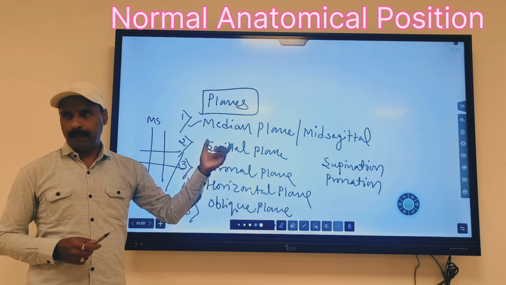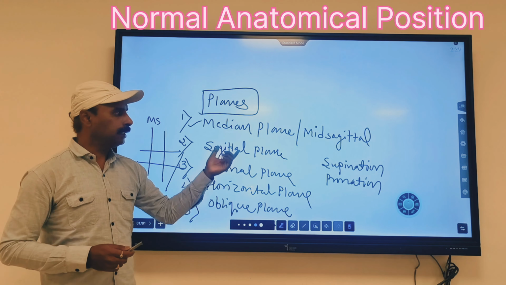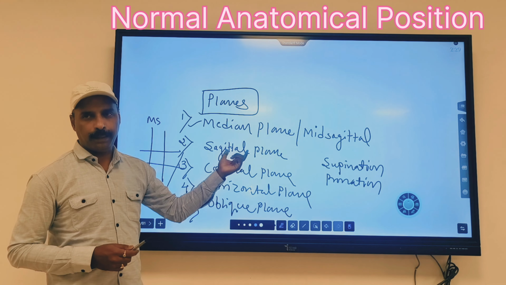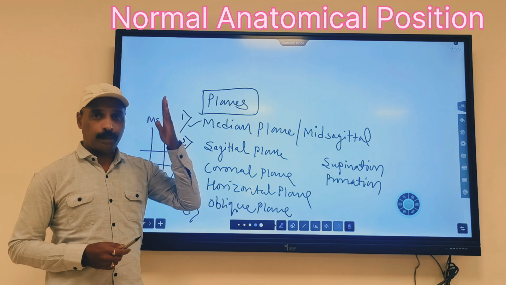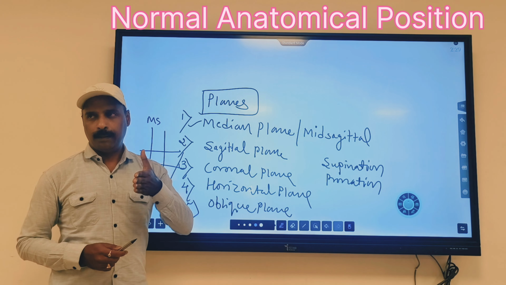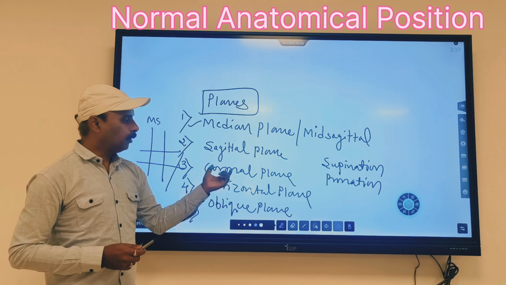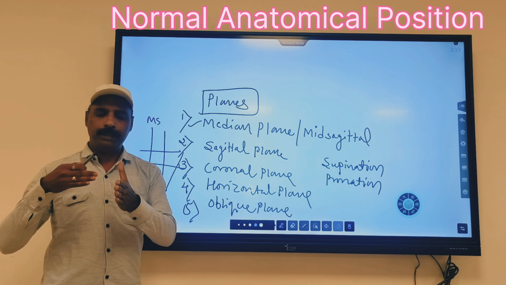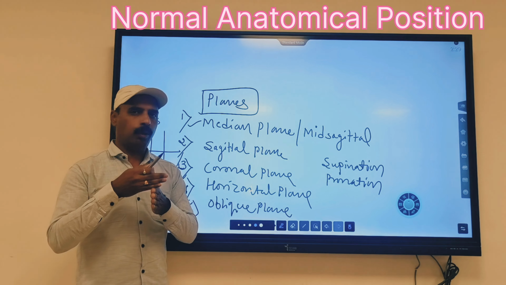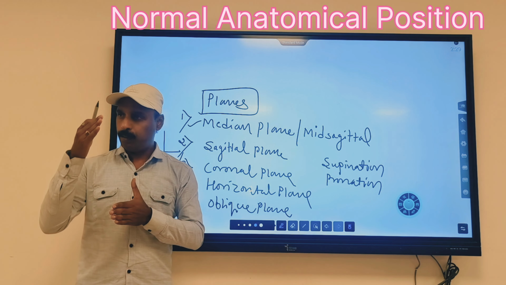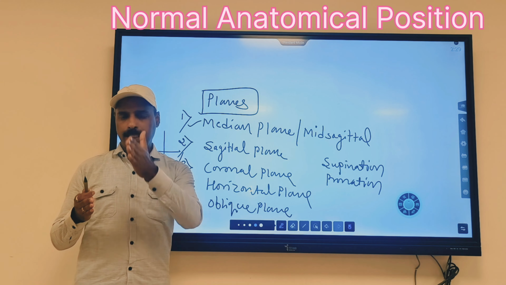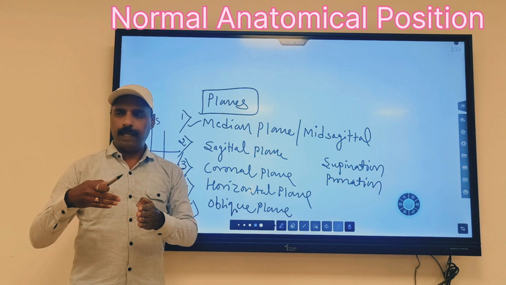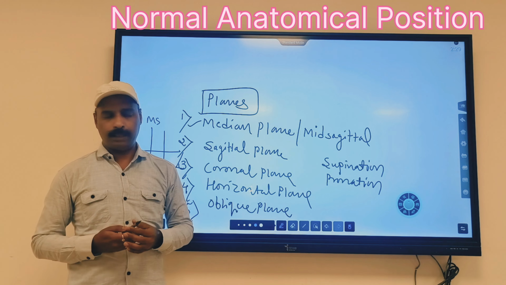Both are parallel, but one passes through the midline and the other is parallel to the median plane; both are vertical planes. The coronal plane is also vertical, at right angles to the sagittal. We take one section this way and the other making a right angle to it; that is a coronal section.